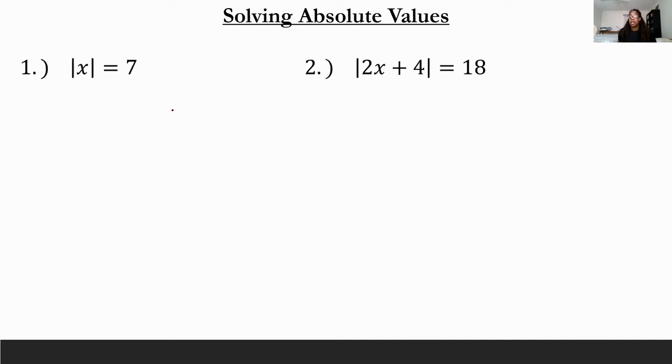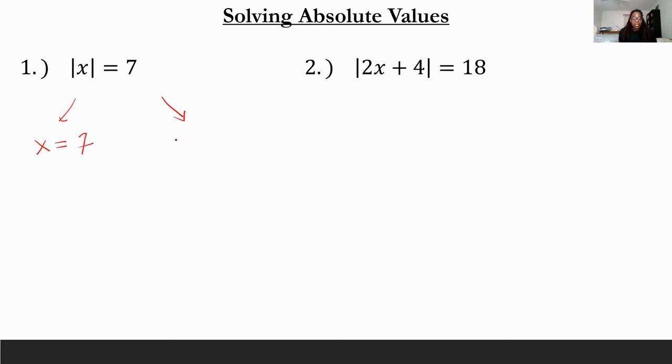So when we're solving, we don't mess around with what's in between the absolute value bars. For example, I have the absolute value of x equals 7. If I want to write this as 2 separate equations, my first equation is going to be x equals 7, basically what I see without the absolute value bars.